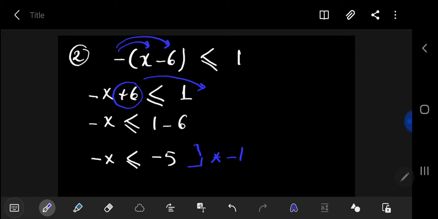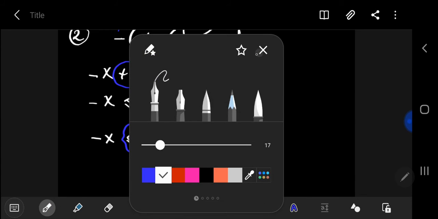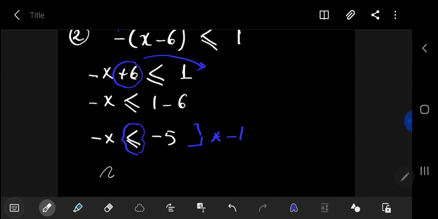If I do this step in an inequality, the sign smaller than or equal to will change to greater than or equal to, so the opposite.